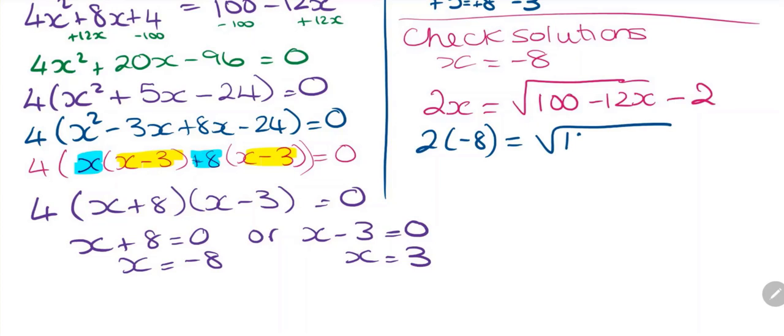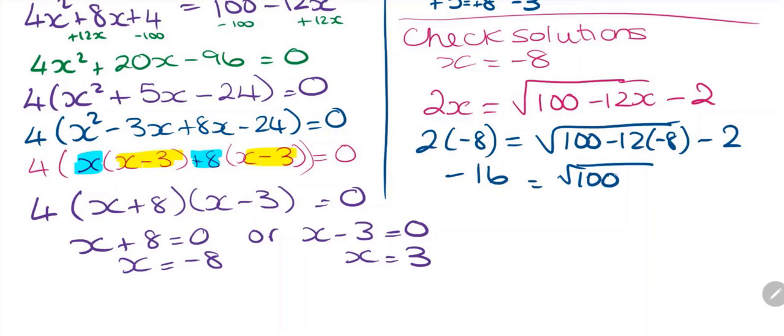And then this is the root of 100 minus 12 times minus 8, and that's minus 2. So we have minus 16. And 12 times 8 is 96, so 100 plus 96 minus 2.